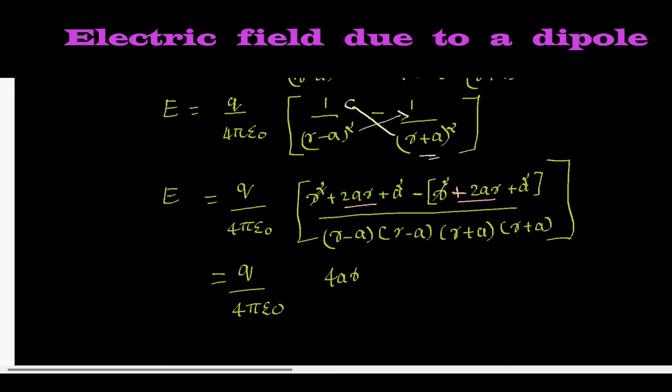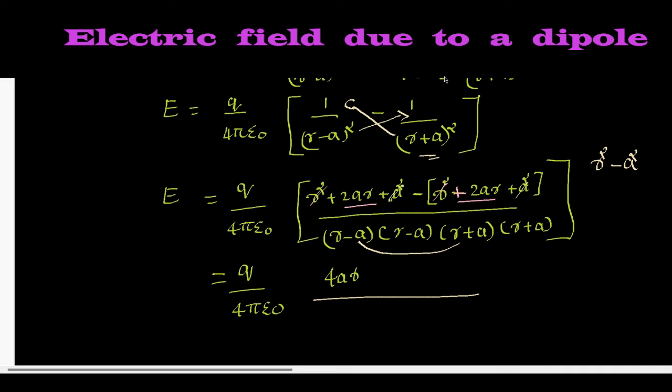And come back to the denominator once again, there is a square and you have minus of a square, so a square and a square gets cancelled. So that is in the denominator, and here it will become r minus a into r minus a into r plus a into r plus a. So let us do some arrangement. R minus a into r plus a is r square minus a square.